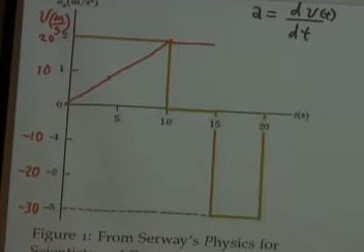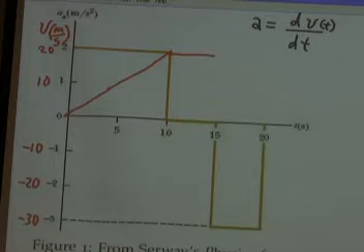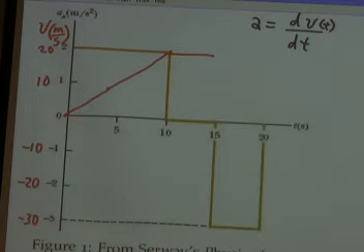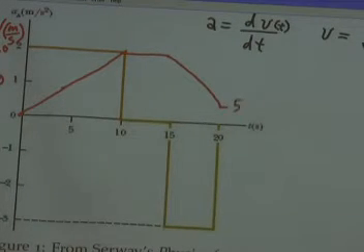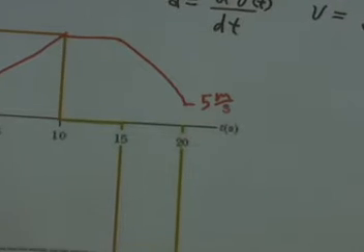So each second, the velocity will decrease by 3 meters per second. So in 5 seconds, the velocity will decrease by 5 times 3, which is 15 meters per second, excuse me, meters per second. So that at the end of the 20 seconds, the value here will be 5 meters per second.